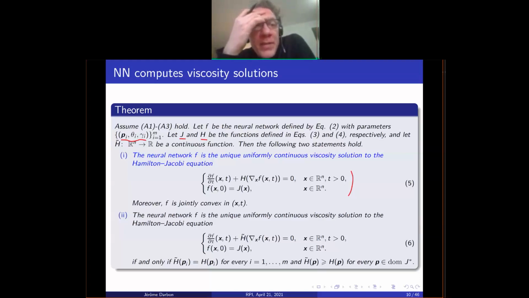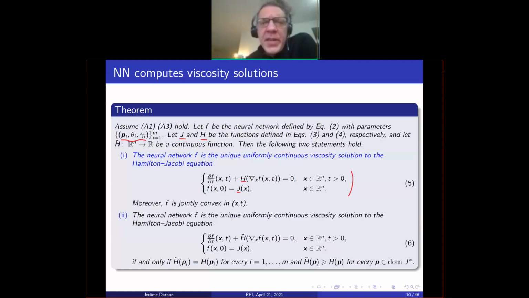Then from the parameters pi, theta I, and gamma I, you define the H and J, and you know that the neural network defines the function f, and you are actually evaluating the solution of the following Hamilton-Jacobi PDE.